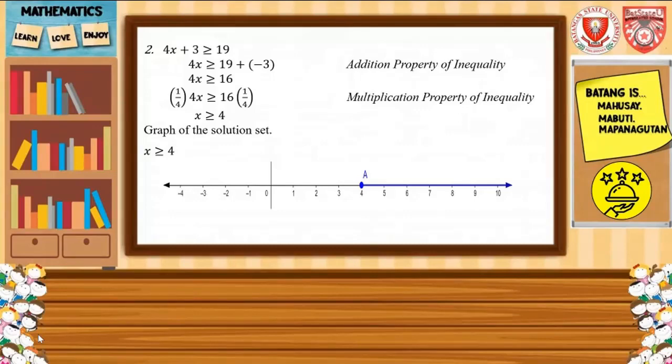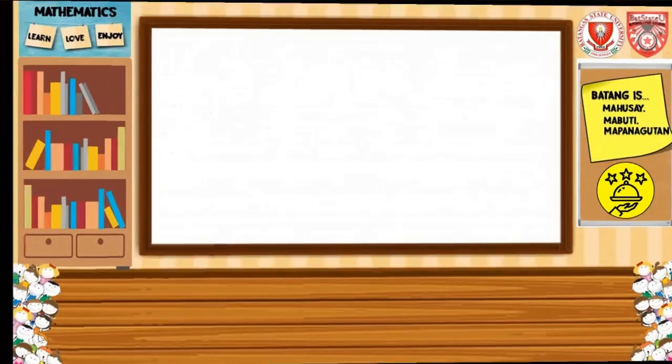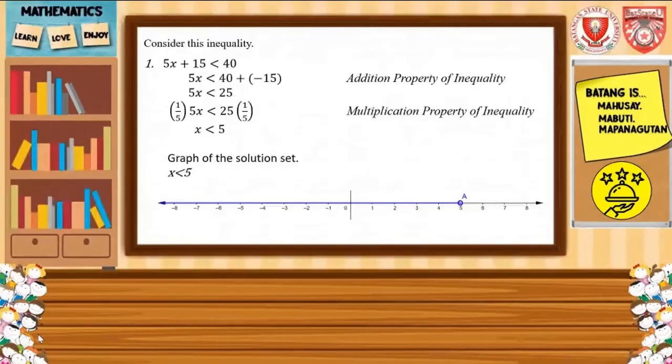In example number 1, the positive 5 is not considered a solution. The considered solution is less than 5. Because x is less than 5, the solution set is less than positive 5, so positive 5 is not part of the solution. That's why we used the hollow symbol; the point is not solid.